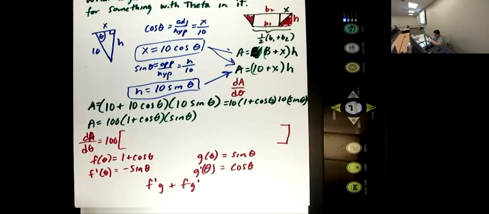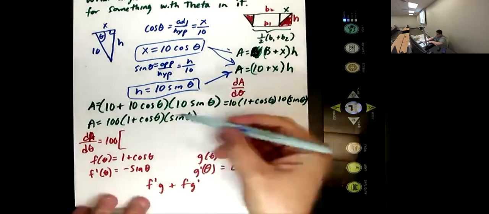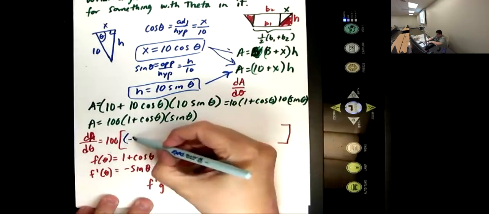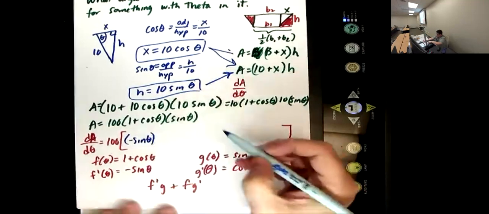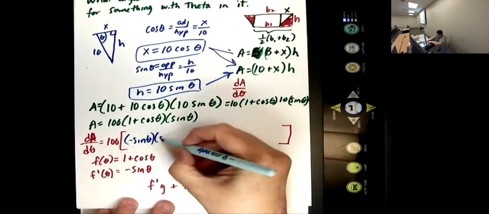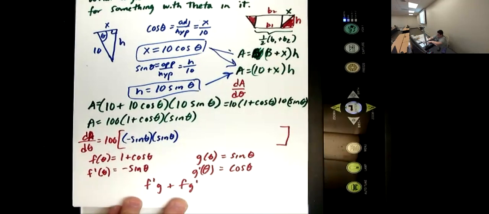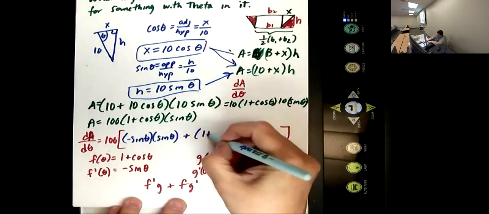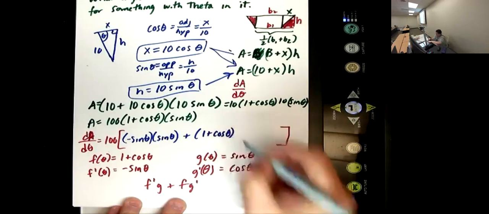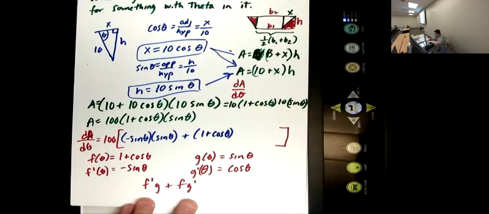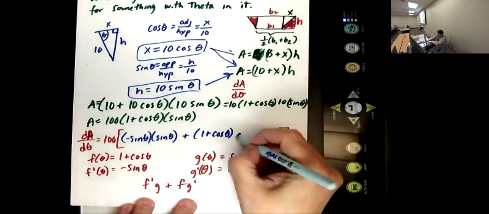All right, let's plug in what we got. F prime is negative sine times g, which is sine, plus f, which is 1 plus cosine, times g prime, which is cosine.